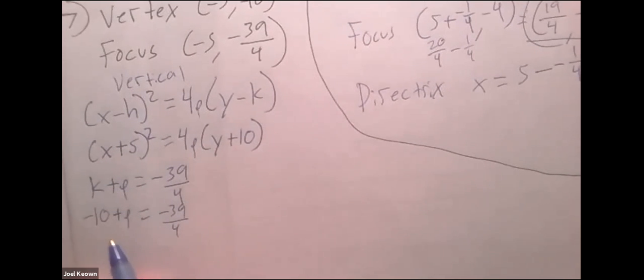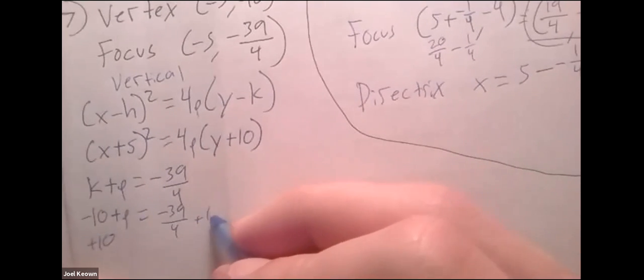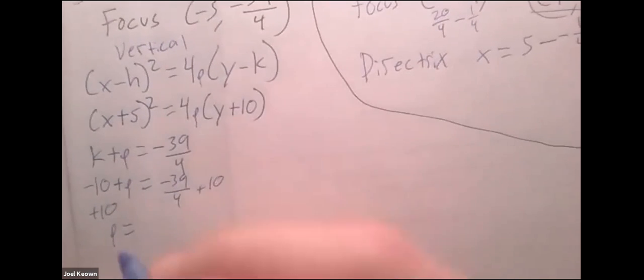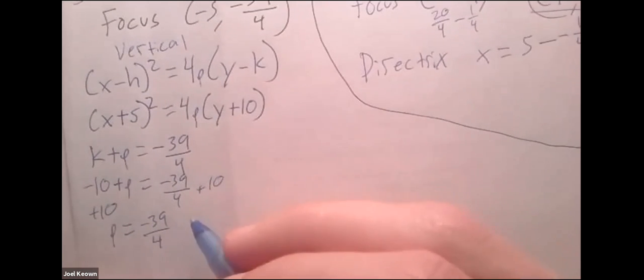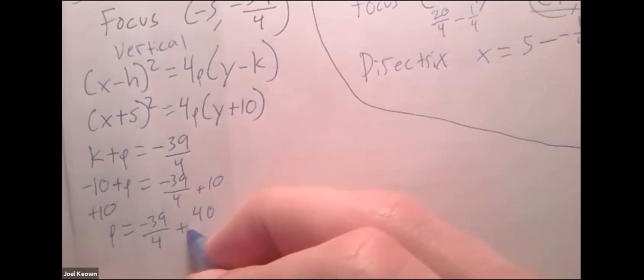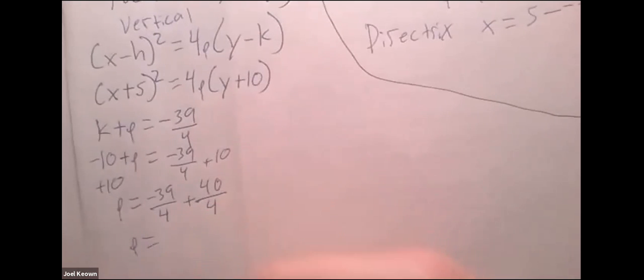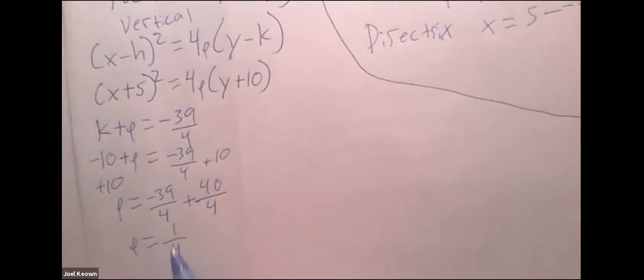And now I can solve for p by adding 10 to both sides. So I'll say p equals, well, I don't really want 10. I'm going to change that to a denominator of 4. 10 times 4 is 40. And I end up with p equals, well, negative 39 plus 40 is 1, so 1/4. Oh, look at that. A p of 1/4. I told you it's going to pop up a lot.